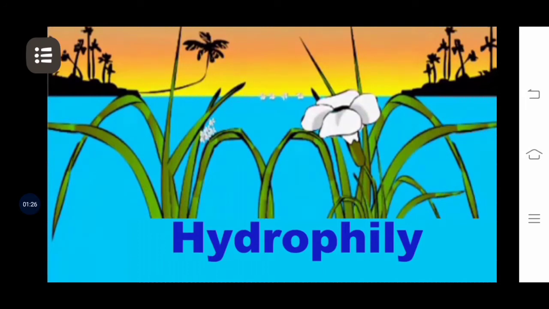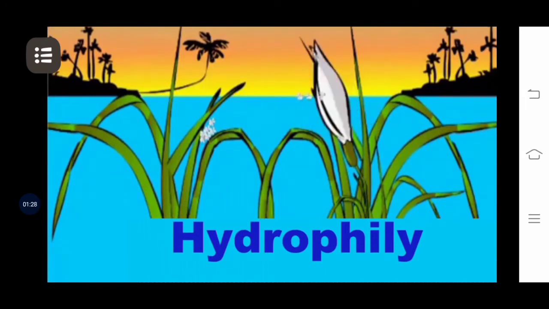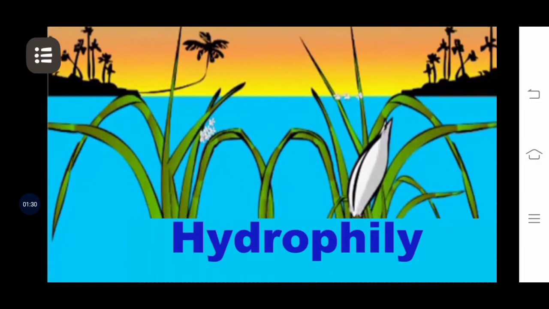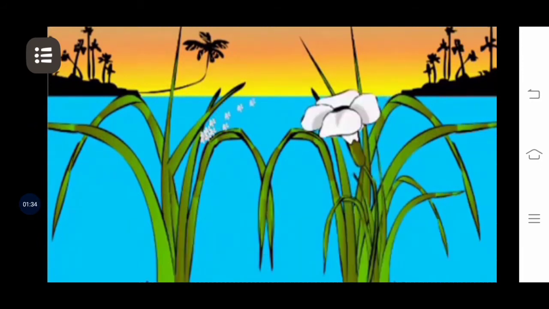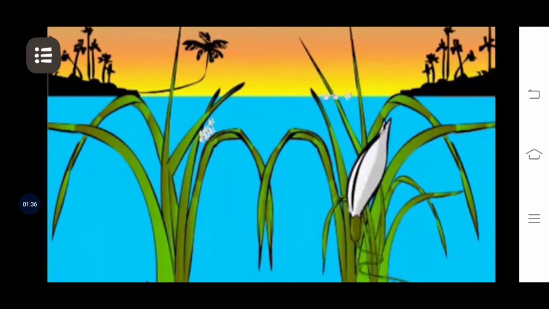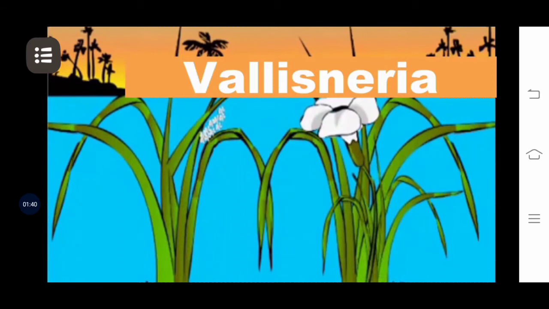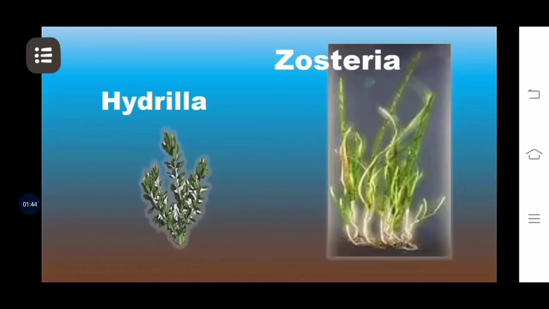Hydrophily is pollination by water, with mucilaginous covered pollen grains, in plants like Vallisneria and Hydrilla.